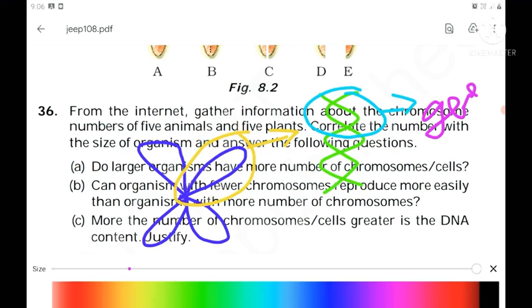They're asking whether more chromosomes also means more DNA. Suppose I have one chromosome, so I'll have four DNAs. Each section has a DNA, right? So I'll have four if I have one chromosome.